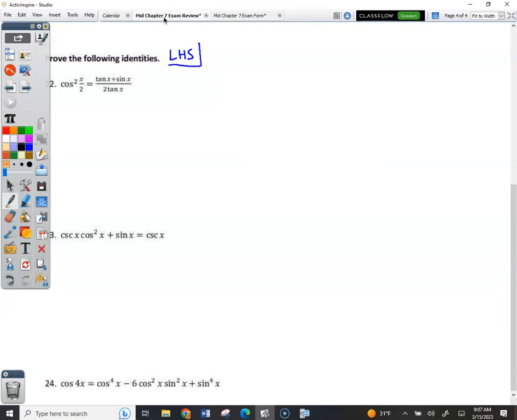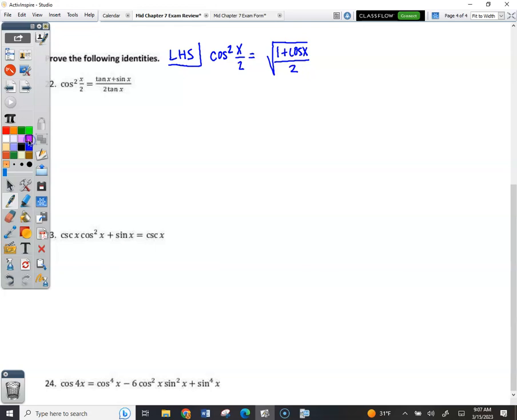So this is the half angle being squared. I copied the half angle, which we said was the square root of 1 plus cosine x over 2, and it's being what?